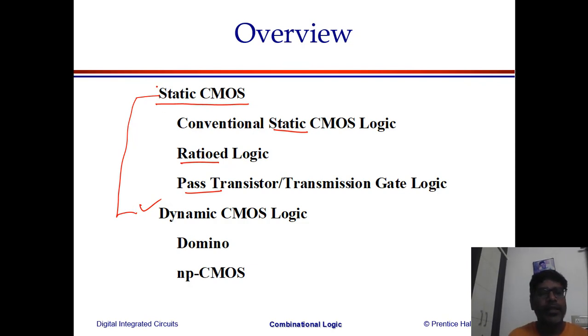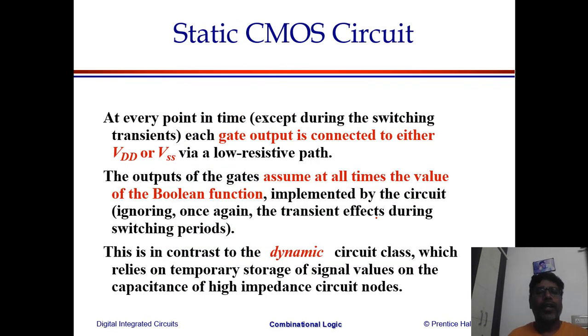The basic comparison is static and dynamic. In static there is no clock. When I come to dynamic, it has a clock for controlling the operation, right? Static CMOS is a very trivial one, which we have seen earlier. If any Boolean function is given, say y equal to (a plus b) the whole bar, we implement that using 2n transistors, where n represents the number of inputs.